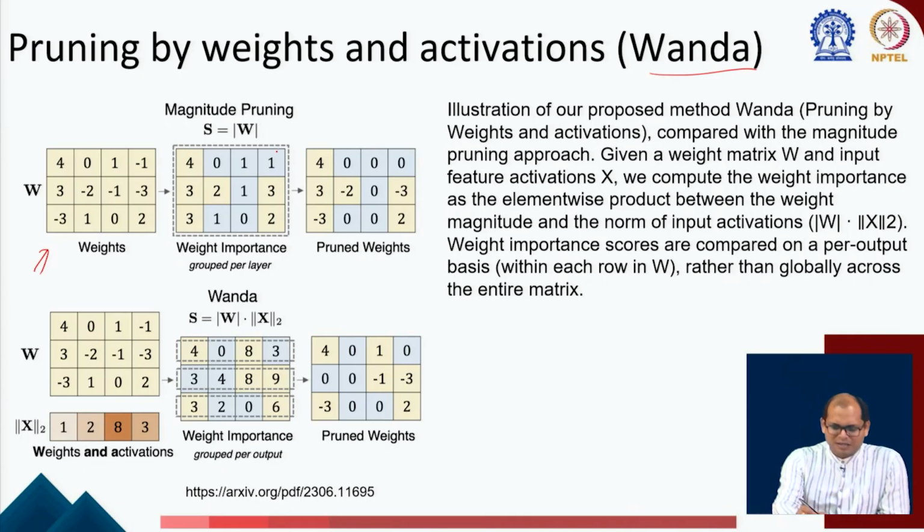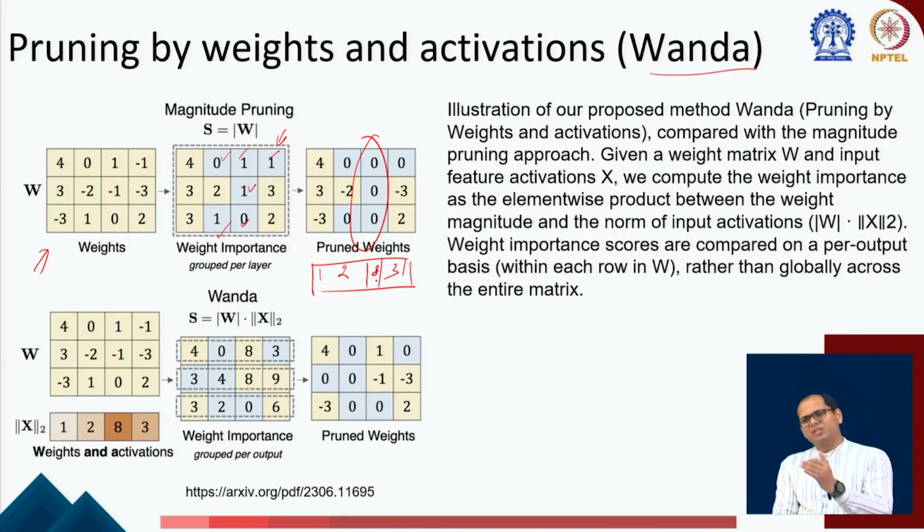I say these weights have a small magnitude, so I remove them. What will happen? All these weights in this particular dimension have been removed. Now suppose you get an input like this, 1, 2, 8, 3, which has a very large activation in this dimension. Now you will multiply it with 0, and it will not have any impact.